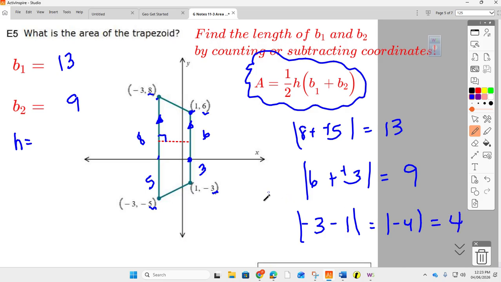If that doesn't make sense, from the origin to the y-axis, this is negative 3, so that's 3 units, and this is 1 unit. You can do it either way, but the height has a length of 4. And now we plug into that formula.